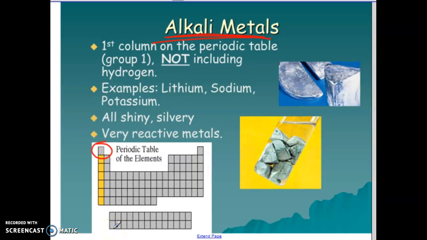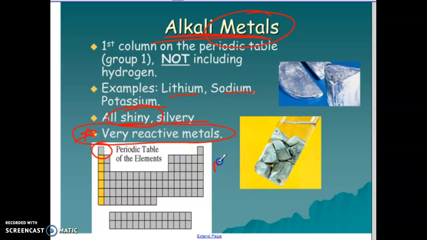Okay, so some examples. I just picked 3 elements that are in group number 1. They're all shiny. They all have luster. The majority of them are silver in color, and this is the most important property that we have there. Of course, they're also metals. It's in the name. They're very reactive.